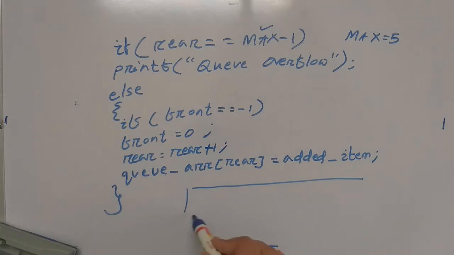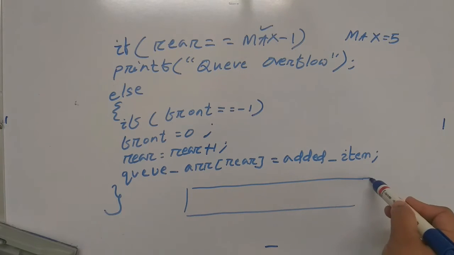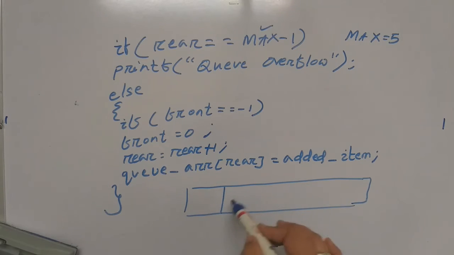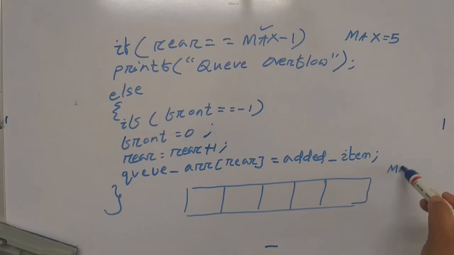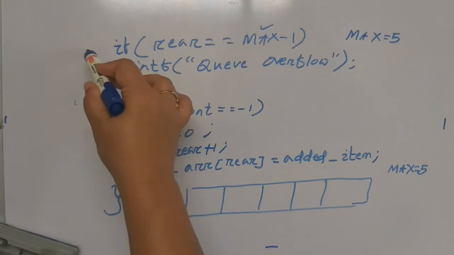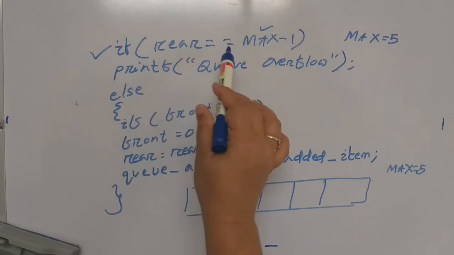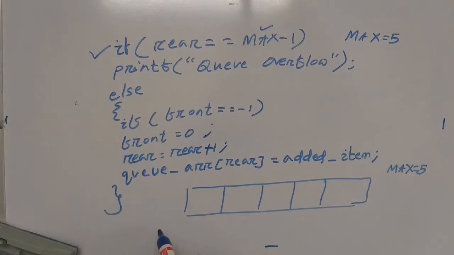Once again we discuss that suppose from the first we defined the size max equal to 5. What we are doing here: if rear is equal to max minus 1. First the rear is equal to minus 1 and the front is also equal to minus 1.